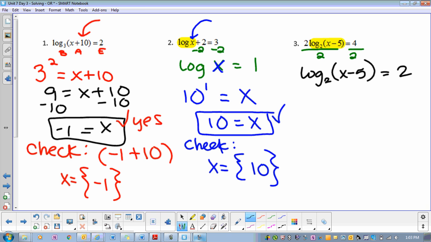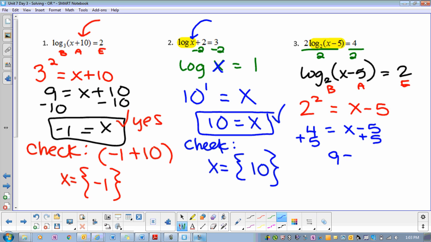Now, rewrite it. 2 squared equals x minus 5. That's base, answer equals exponent. What is 2 squared? 4. X equals 9. So 9 is your x.